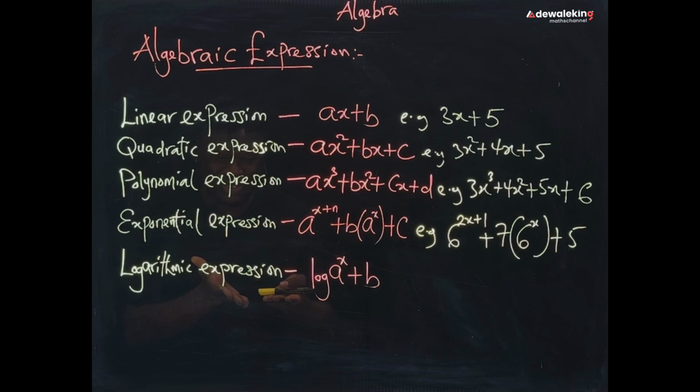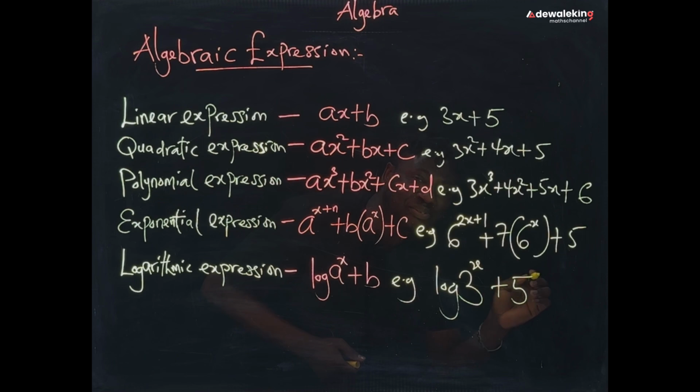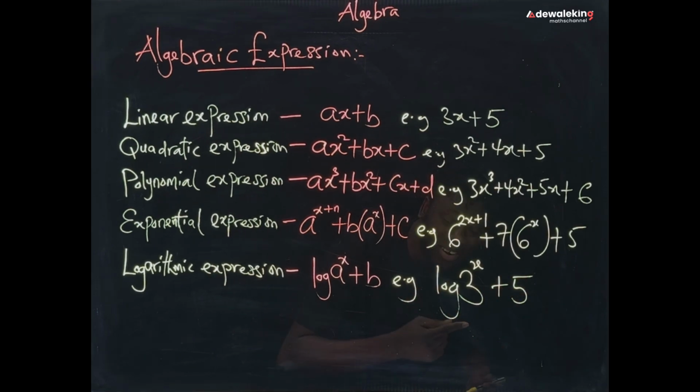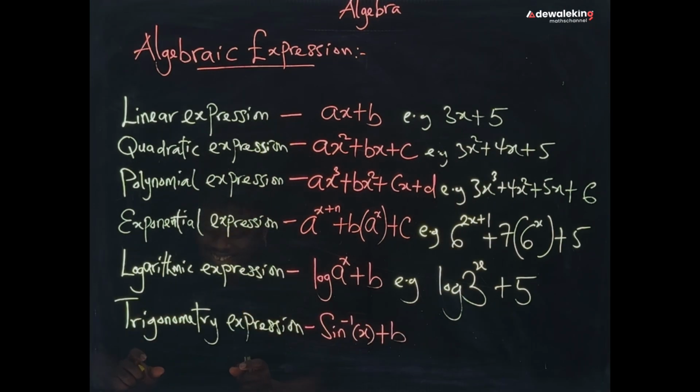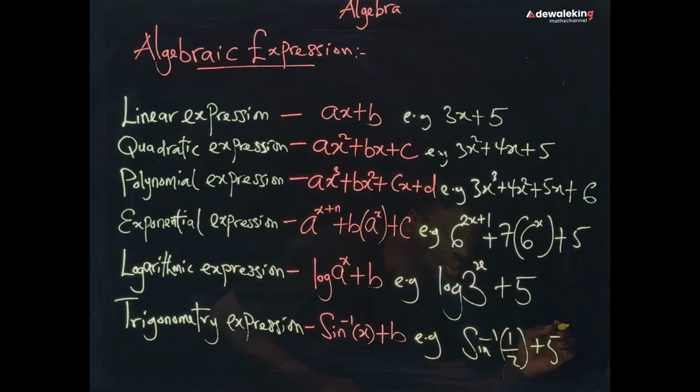Logarithmic expression of the form log a raised to power x plus b, e.g. we can have log 3 raised to power x plus 5, whereby the base is 10 or any other base. And the last, trigonometric expression of the form arc sine x plus b, e.g. you can have arc sine of half plus 5.